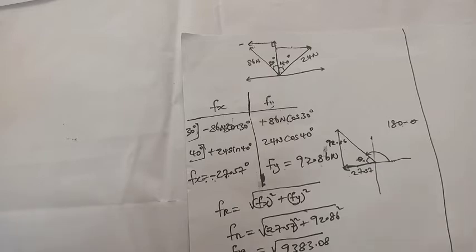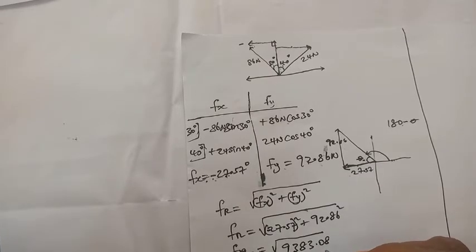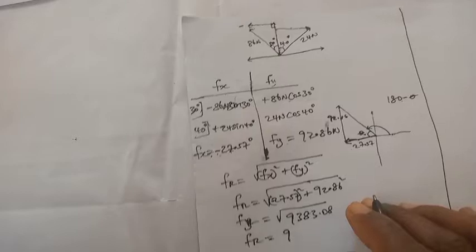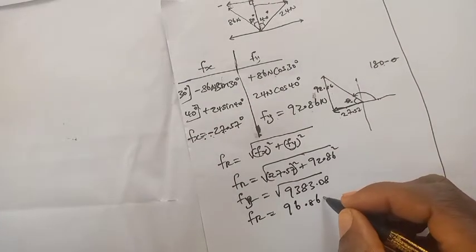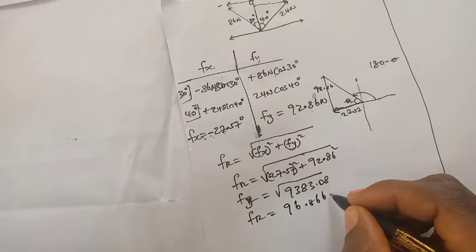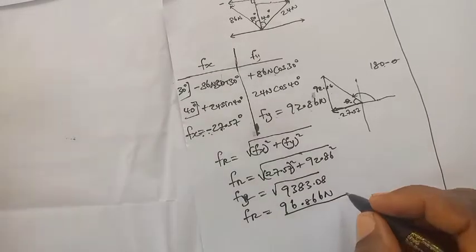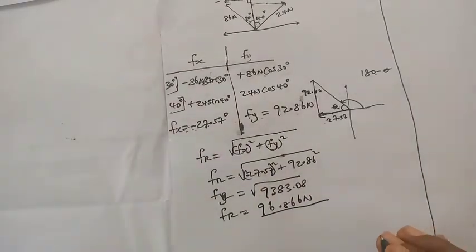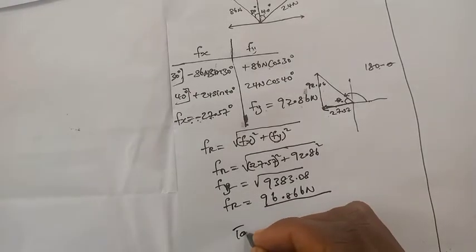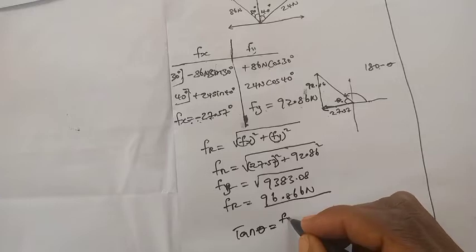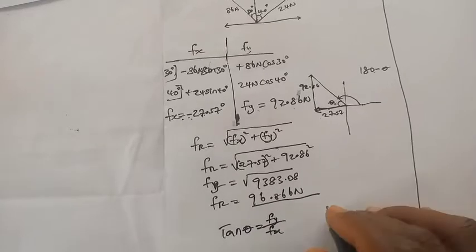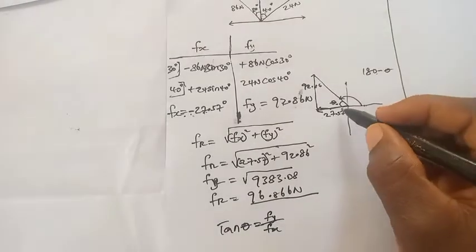So our resultant force is now going to be the square root of this answer, which is equal to 96.86 Newton. So this is our resultant force, and then the angle is gotten by tan theta is equal to f of y over f of x. Now see the reason.